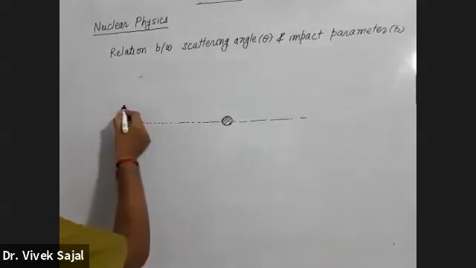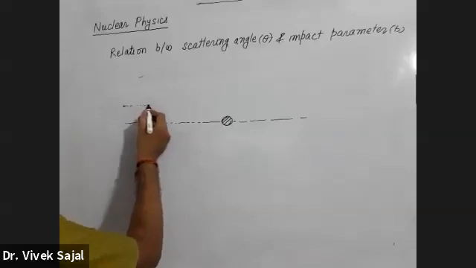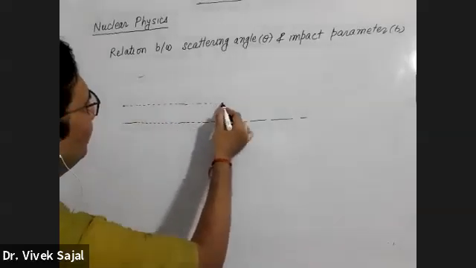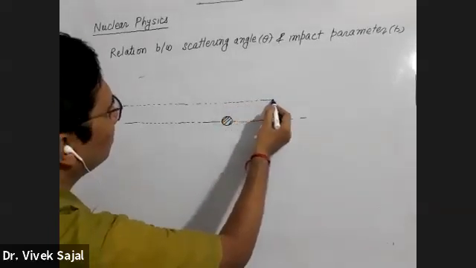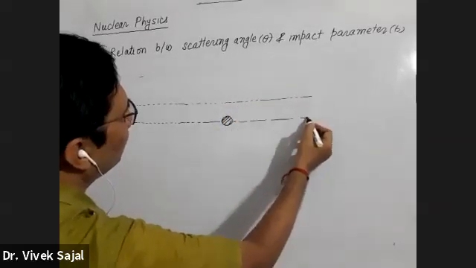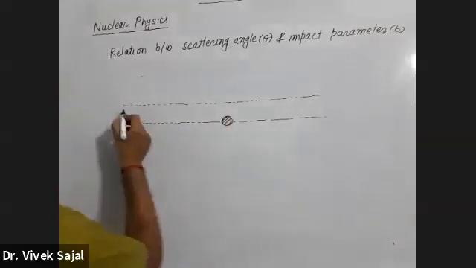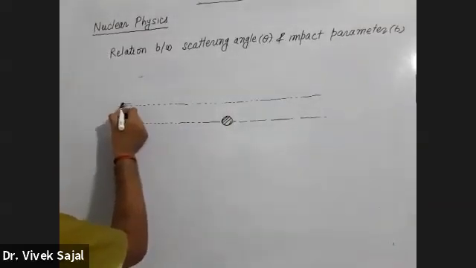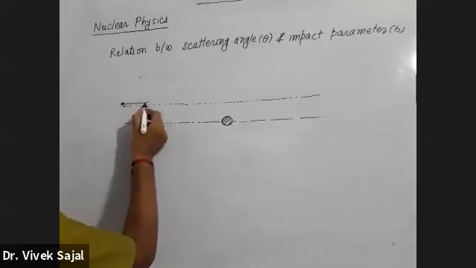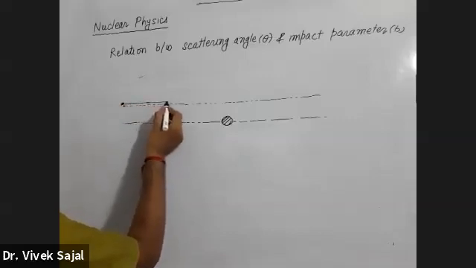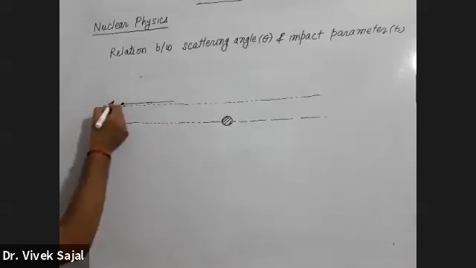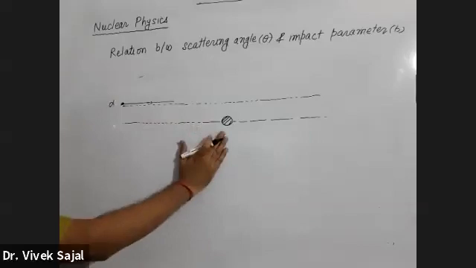Suppose I'm drawing another line parallel to this. Suppose an alpha particle is coming towards the nuclei.